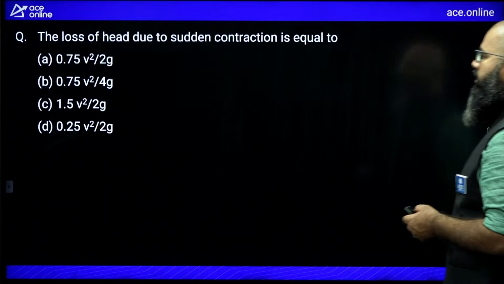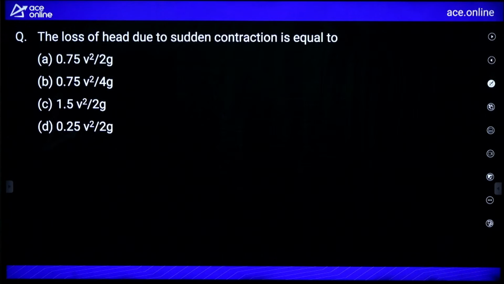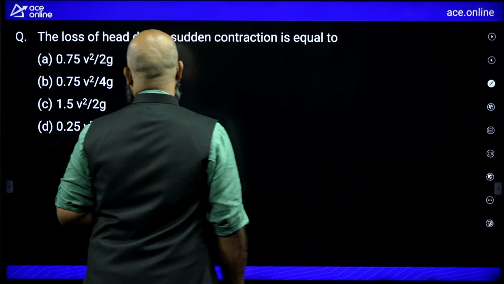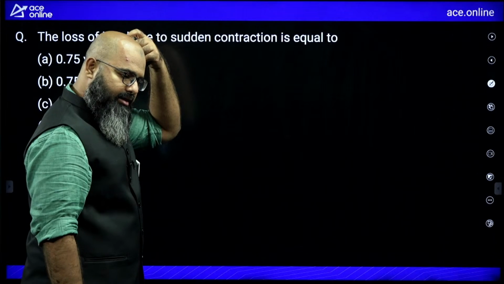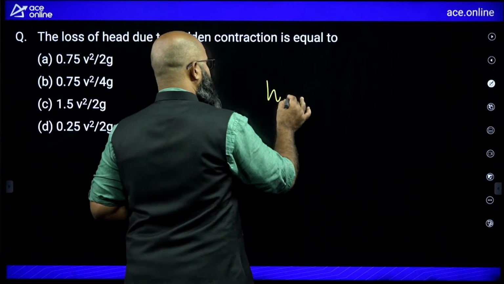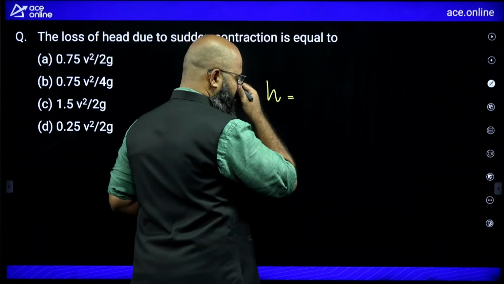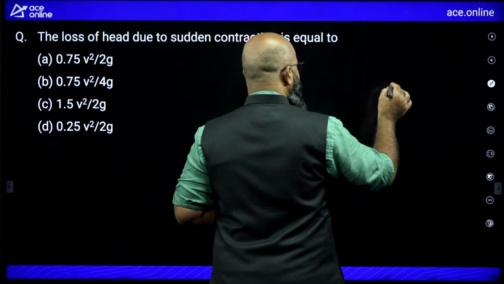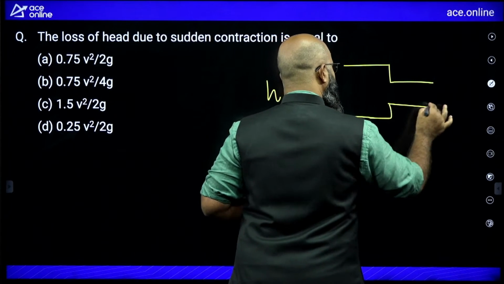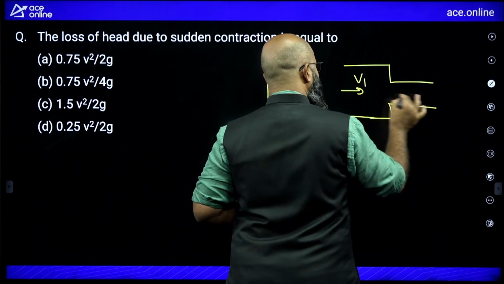Moving further, look at this question. The head loss due to sudden contraction is equal to how much? In the case of sudden contraction, let us say this is V1, this is V2.